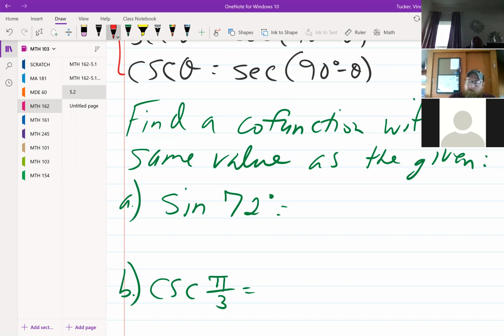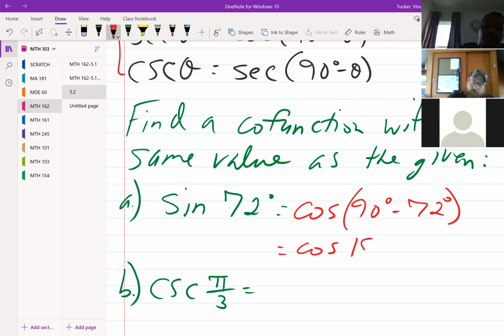We have sine of 72 degrees. The cofunction relationship for sine is cosine of 90 degrees minus that 72. That's just cosine of 18 degrees.